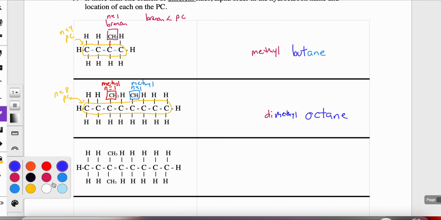So we have to go back and do our location numbering. We first do the numbering left to right: 1, 2, 3, 4, 5, 6, 7, 8. So the red boxed one is on carbon 3 left to right, and the blue boxed one is on carbon 5. We need to do the numbering right to left to figure out what is the best location designation numbers.